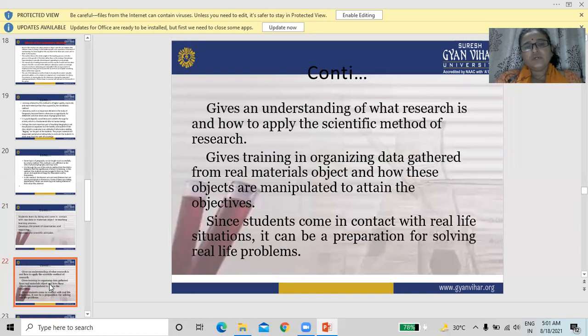Give training in organizing data gathered from real materials, objects, and how these objects are manipulated to attain the objectives.